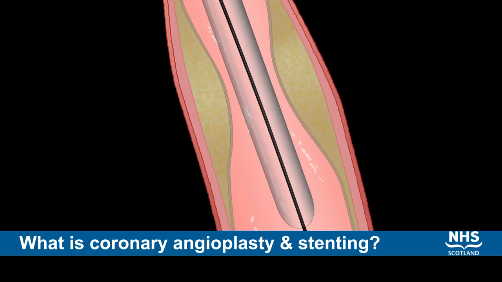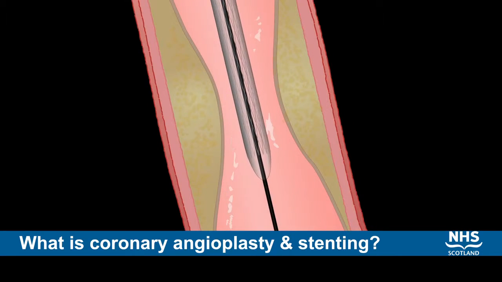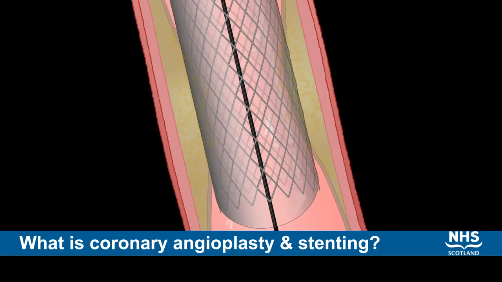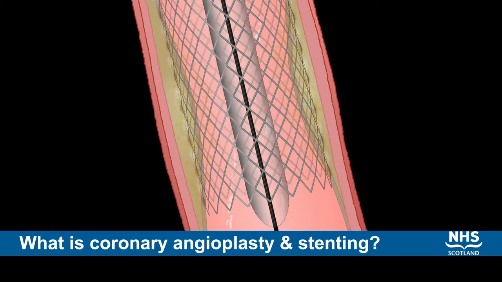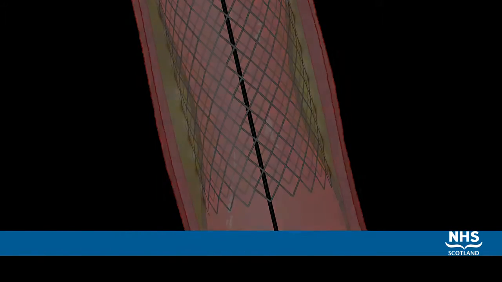Most commonly, we use a balloon to stretch up the narrowed artery, and in the majority of cases following this balloon stretch or angioplasty, we implant a metal strut called a stent into the artery to provide a supportive scaffold to open up the artery. And this is coronary angioplasty and stenting.